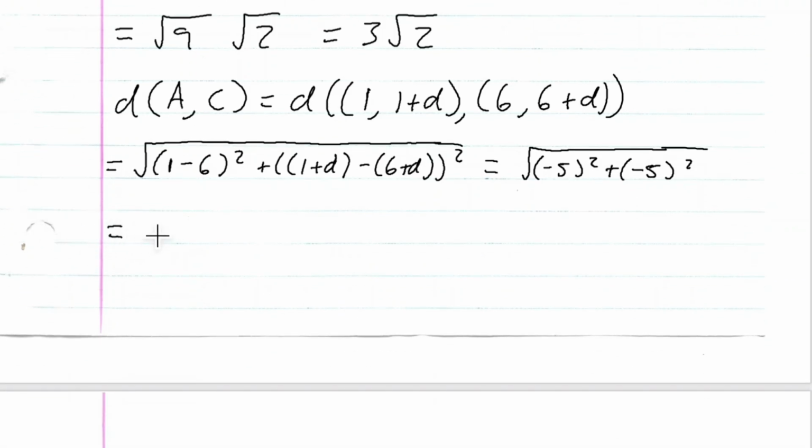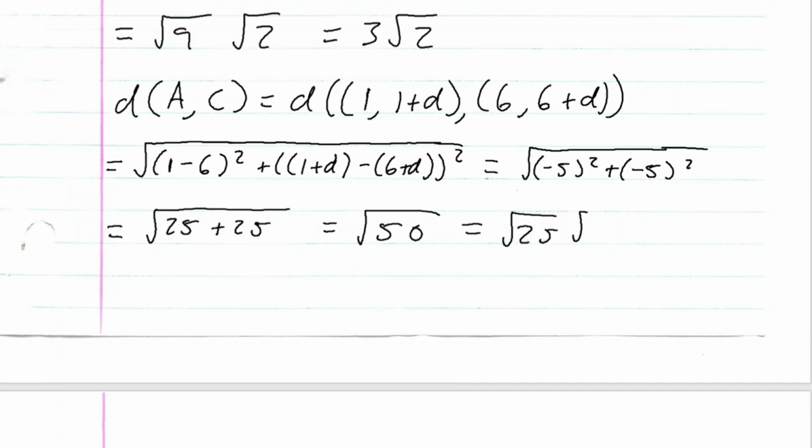And then this is equal to the square root of 25 plus 25, which is equal to the square root of 50, which we can reduce to the square root of 25 times the square root of 2, which is, of course, equal to 5 square roots of 2. So we got it, right?